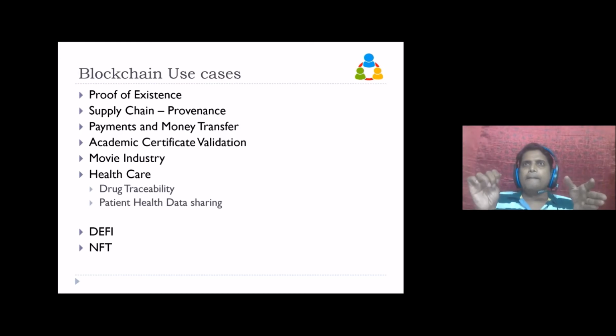But the idea of supply chain provenance is that when the whole supply chain is made available onto the blockchain network, you can always go and track it. The hotel owner can say that this particular coffee bean had come from Argentina. It was made there, and then somebody exported it.